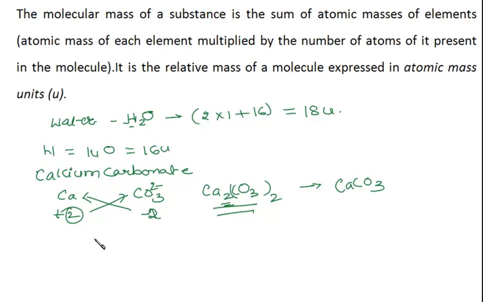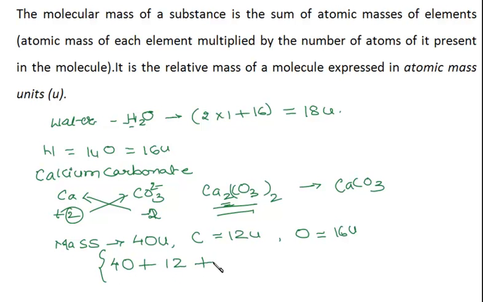Now what is the mass of calcium carbonate? How will you calculate it? The atomic mass of calcium is 40 units, the atomic mass of carbon is 12 units, and the atomic mass of oxygen is 16 units. So we'll do 40 plus 12 plus, how many atoms of oxygen are there? 3.